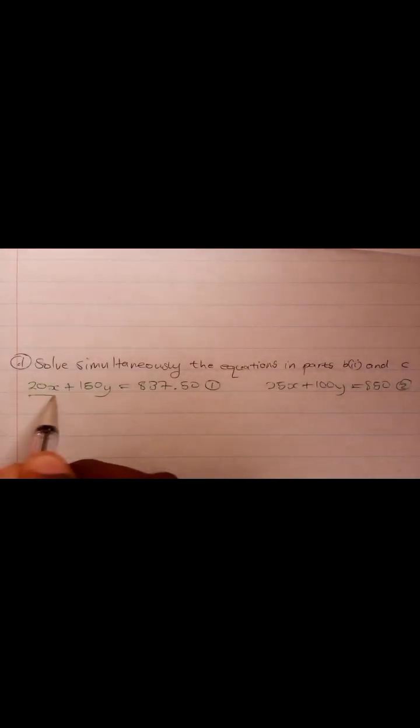With these two equations, we can simplify them. We can divide across by 5 so that we work with smaller numbers, even for this other equation, just so that you get small numbers.